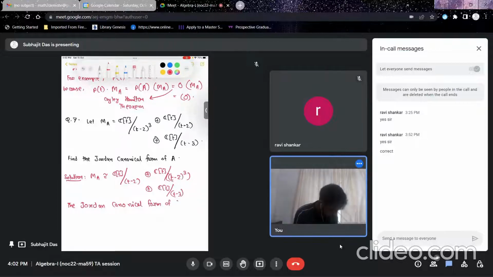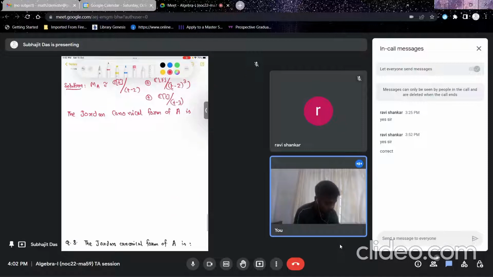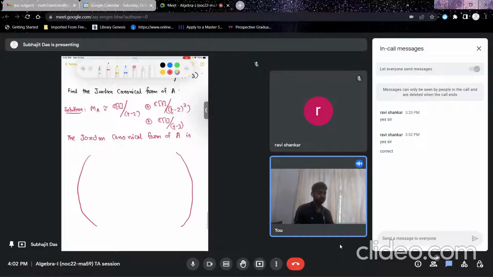So just write the Jordan canonical form, and how do we do so? We just look at the various summands here. C[t] modulo (t minus 2), right? You know what the corresponding Jordan block looks like. Since the power of t minus 2 is 1, the Jordan block will have order 1, right? And this corresponds to the eigenvalue 2, right? So this is one Jordan block.